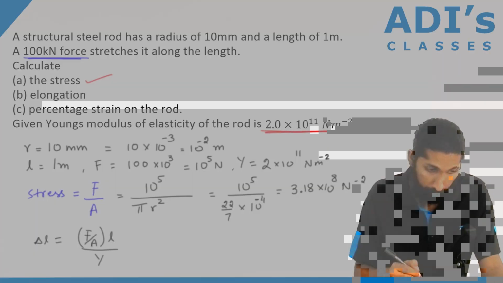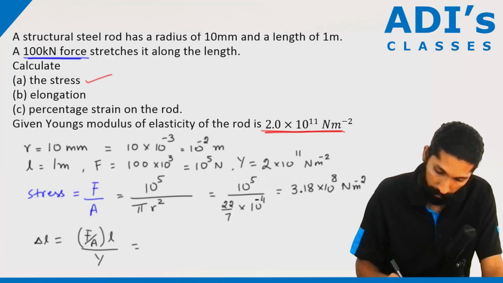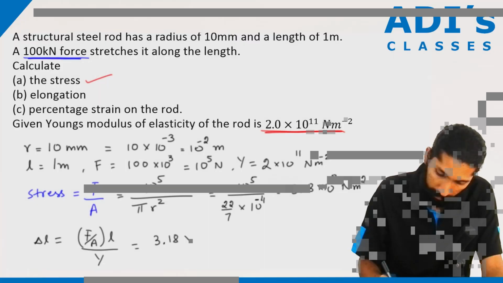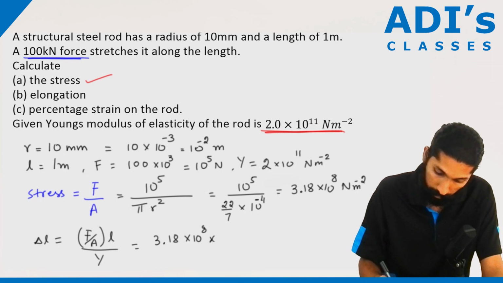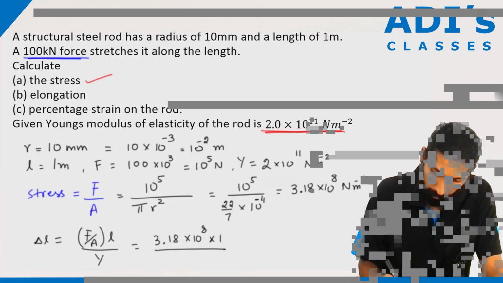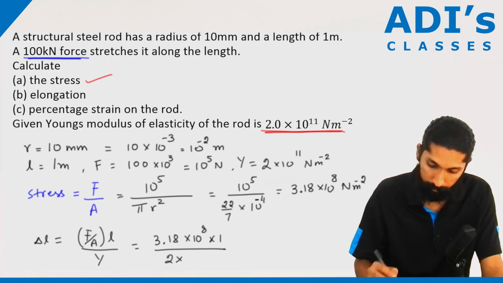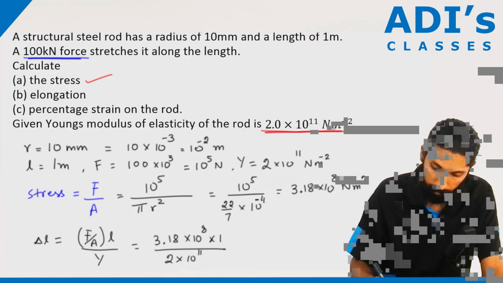F by A you have already figured out. Substitute: 3.18 into 10 to the power of 8, into length, which is 1 meter, divided by Young's modulus 2 into 10 to the power of 11.